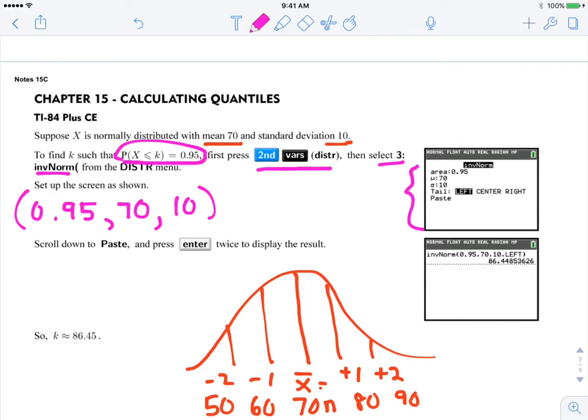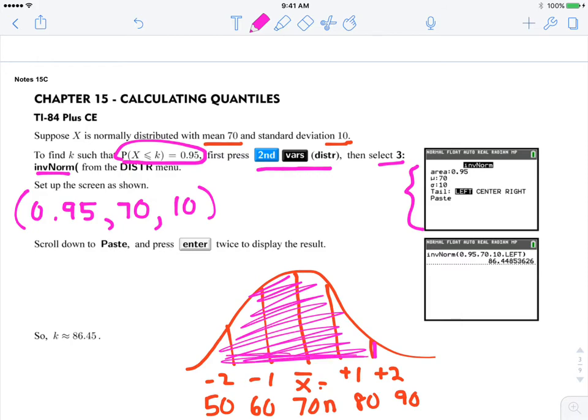And what we want to do is find that K value. So we think about this is probably about 95%, and we want to find this K value sitting out here. So when we enter, we get the K value to be 86.45. So that's sitting somewhere around here.